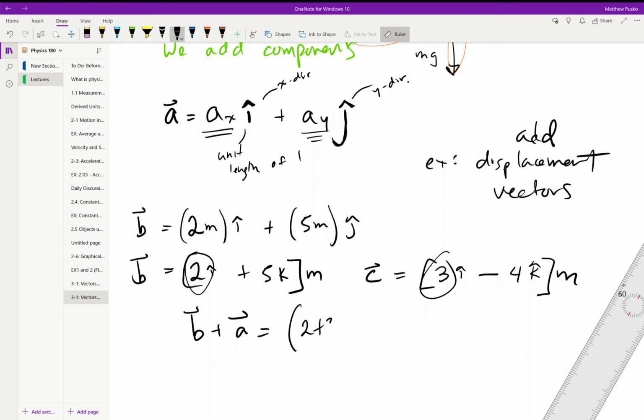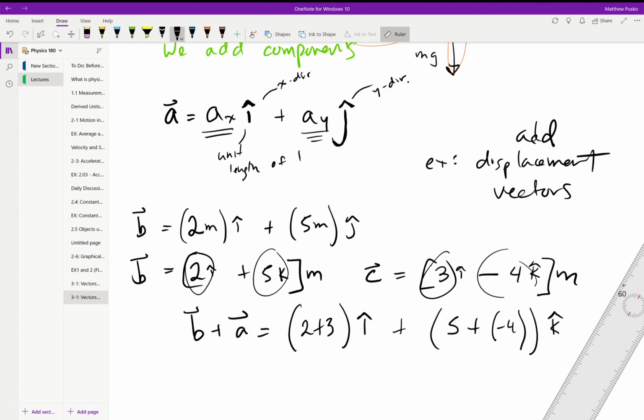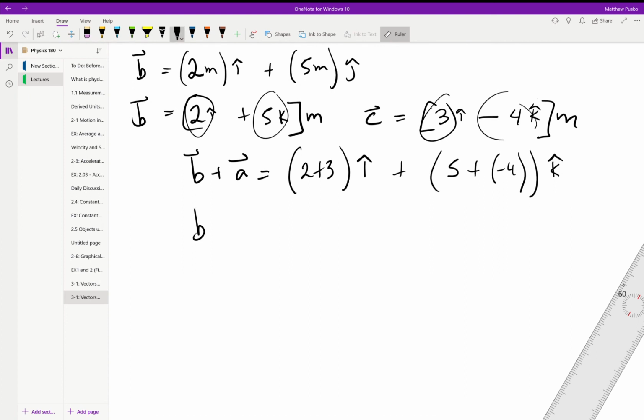So to add, I would take the 2 and the 3. So 2 plus 3, and that's going to be in the i direction. And then I take the 5 and the negative 4, and that's all going to be in the k direction. So adding B plus C gives me 5i plus just 1 in the k direction.